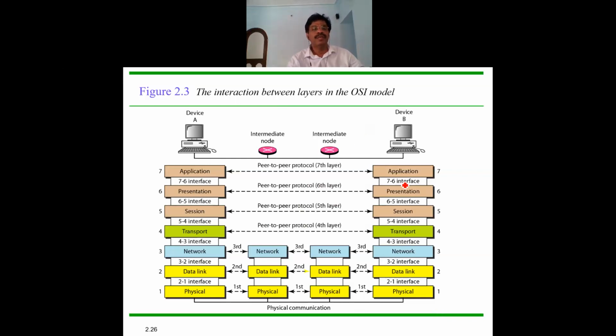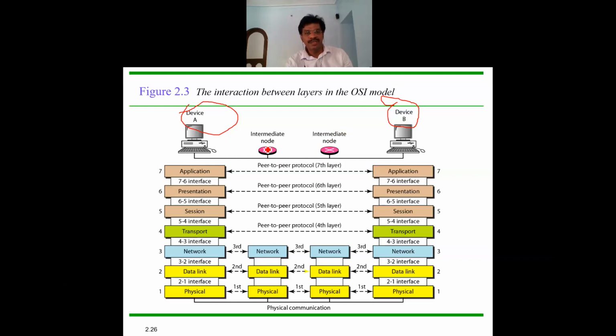Here now actually we are considering the transmission of data from device A. Device A and device B want to exchange some information. And in between device A and device B, there are some intermediate nodes.